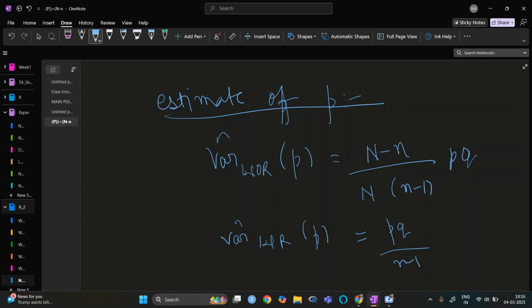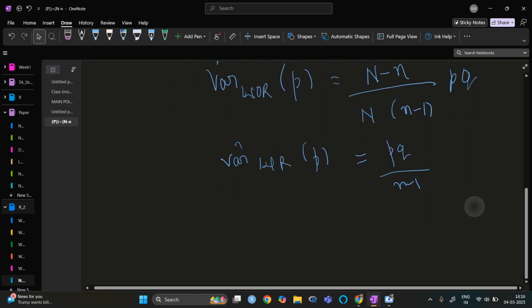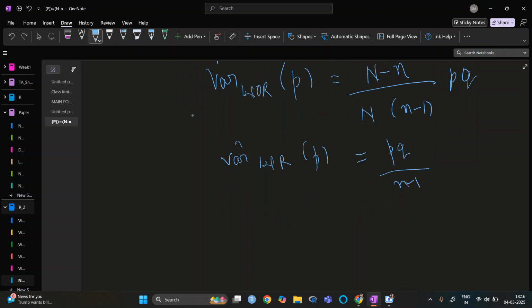Now the proof of it is already given, but it is just two lines, so we can just see that. For the population mean, we have already seen that the estimation of y bar is basically the estimation of p.